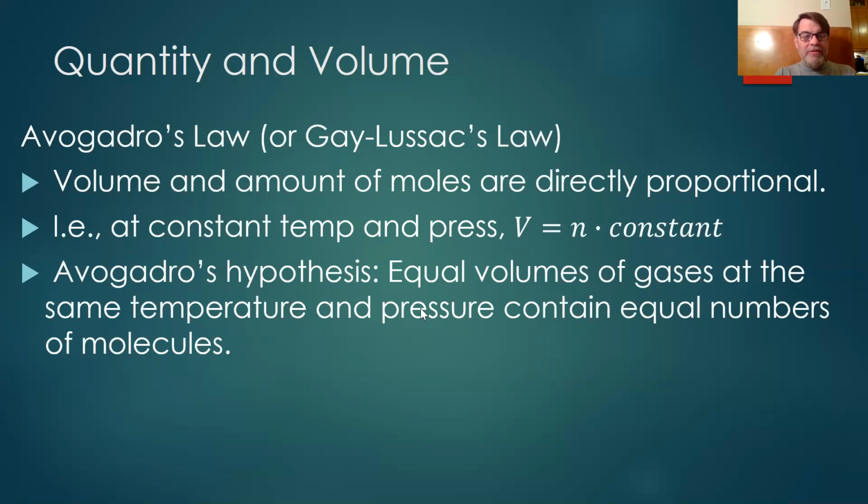So now we have Avogadro's hypothesis, and that is that if you have equal volumes of gases at the same temperature and pressure, you will have the same number of molecules. That's quite interesting. So whether you're talking about hydrogen or oxygen or nitrogen or whatever gas, if those two gases are at the same temperature and pressure, and they have an equal volume, then they will have an equal number of molecules.